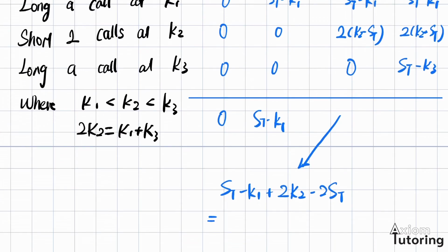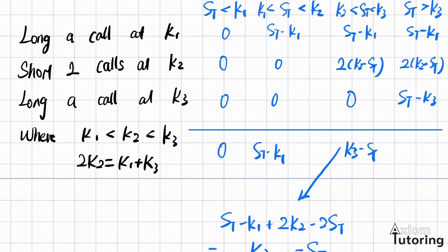So there's something minus ST over here. But for minus K1 plus 2K2, we move this into the left-hand side. So 2K2 minus K1 is exactly K3, which is exactly what we have over here. So that's just K3 minus ST. So we can write K3 minus ST here.